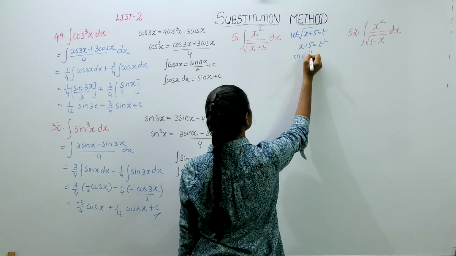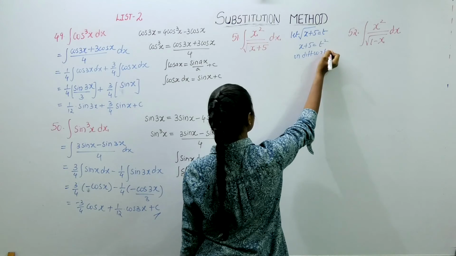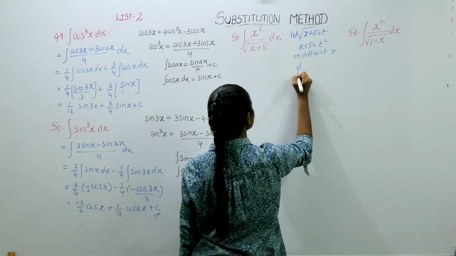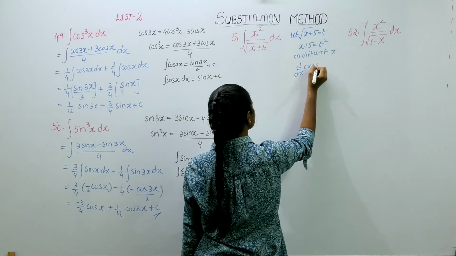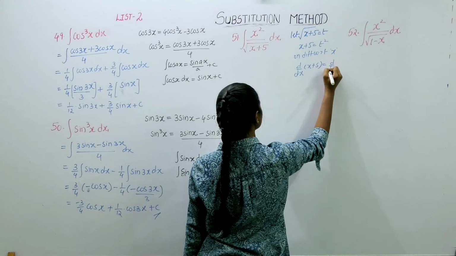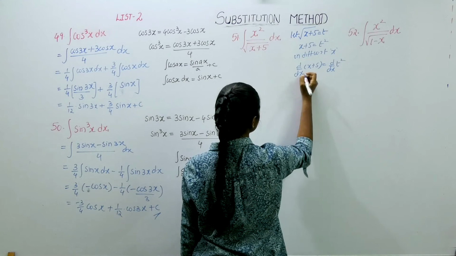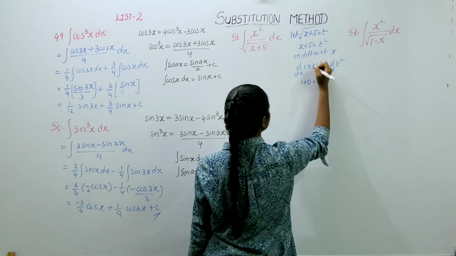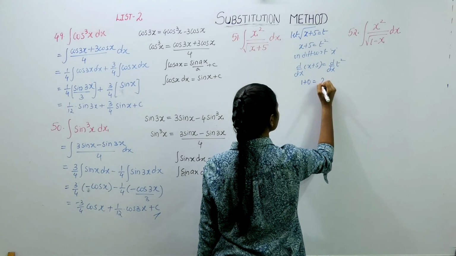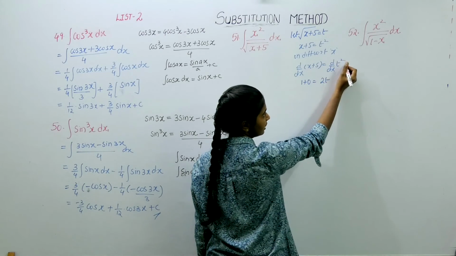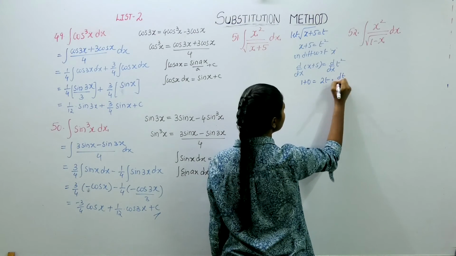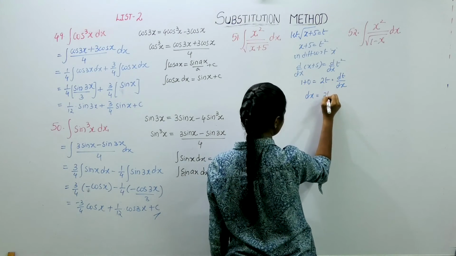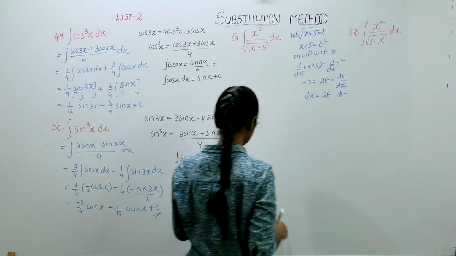On differentiating with respect to x on both sides, we get d by dx of x plus 5 is equal to d by dx of t square. d by dx of x is 1, constant 0. For d by dx of t square, 2t into dt by dx. In the place of dx we can substitute 2t dt.